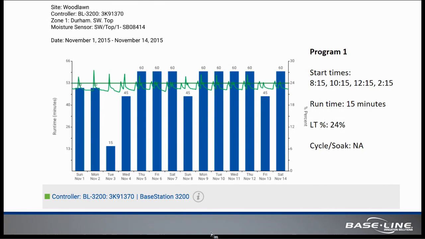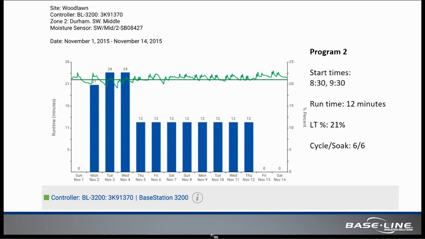As we look at the middle of the wall, 2 start times were programmed for the middle panel, and the runtime was 12 minutes. You can see that irrigation was required frequently, but the runtime varied somewhat based on a lower threshold setting of 21%, which is what they desired to have at that part of the wall.